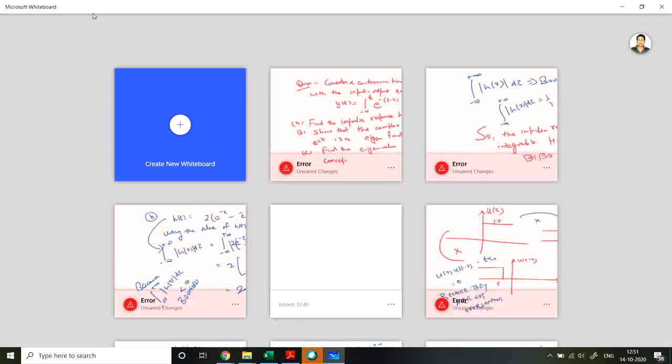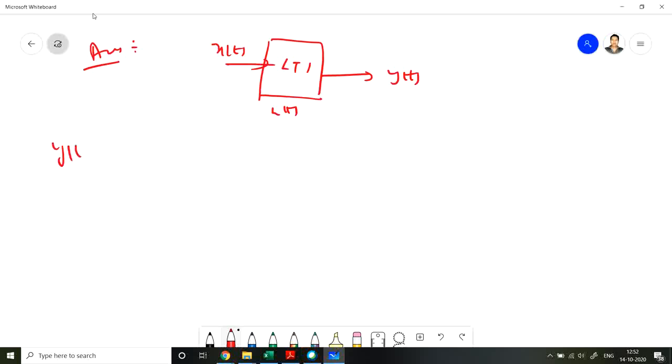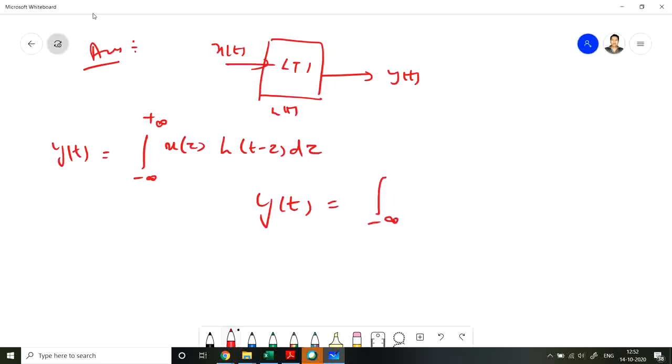So let us solve this problem. We have a continuous time LTI system. The input is x(t), the impulse response is h(t), and the output is y(t). So y(t) is equal to the integral from minus infinity to plus infinity of x(tau) h(t minus tau) d tau, and this y(t) is given in the question itself.